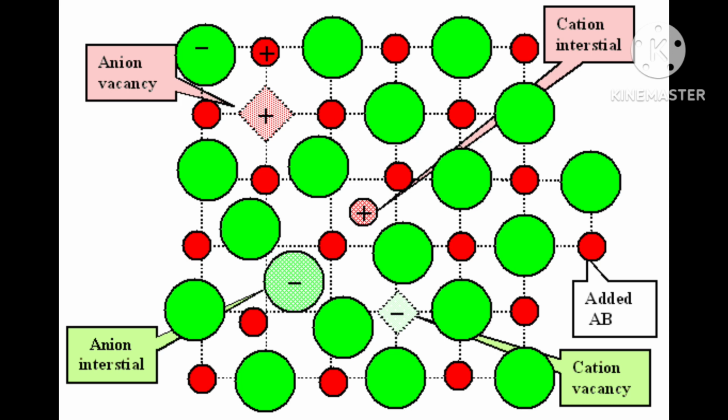Now these two defects I am talking about, vacancy or interstitial, are shown as Frenkel and Schottky defects. Okay, this name has been given to these vacancy or interstitial defects, their names are given separately.